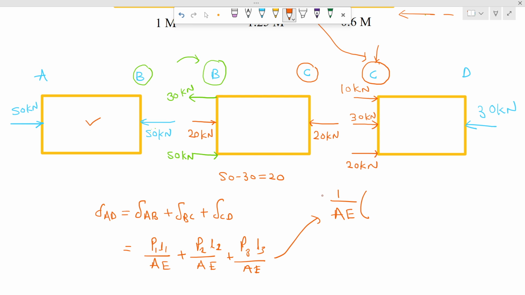In bracket, for the first section, that is AB, here you can see the 50 kilonewton load is there, and which is compressive in nature. So that's why my sign will be minus 50 into the length. Length is given here, you can see 1 meter.